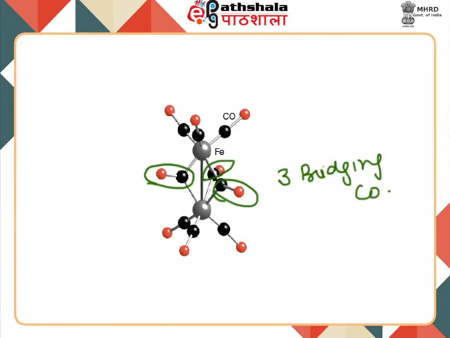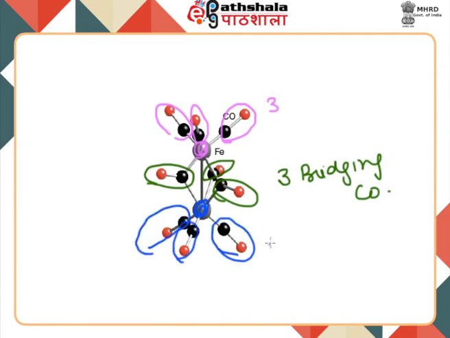And if we look at where the terminal carbonyls on this iron are, these are the 3 terminal carbonyls, 1, 2 and 3. And similarly, if we look at this iron, then these are the 3 terminal carbonyls. So there are a total of 3 and 3, so there are 6 terminal carbonyls in this molecule.